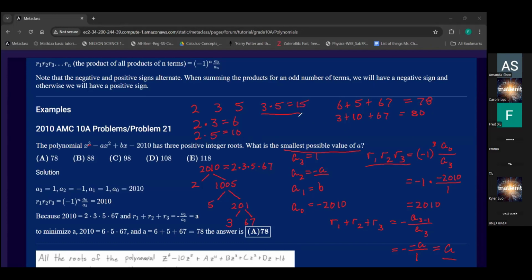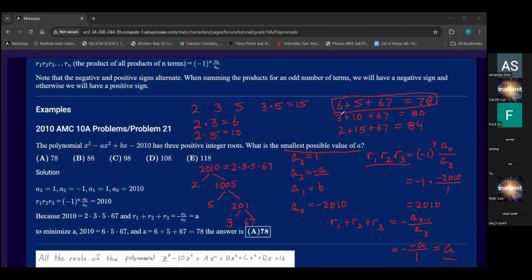And then let's test out the last one, which is 3 times 5, which is 15. So we have 2 plus 15 plus 67. This is obviously larger, but just to put what the sum is, it is 84. So of course, this one is the smallest one.